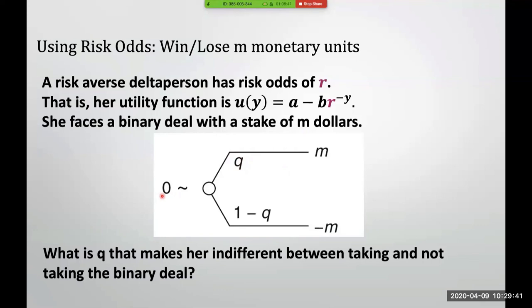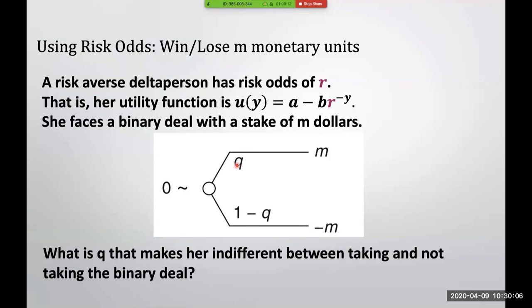So this is exactly the same format as before, except that the stake at hand is no longer $1, it's M dollars instead. And we're using Q rather than P to remind ourselves that this preference probability could be different from the previous preference probability for the $1 situation.